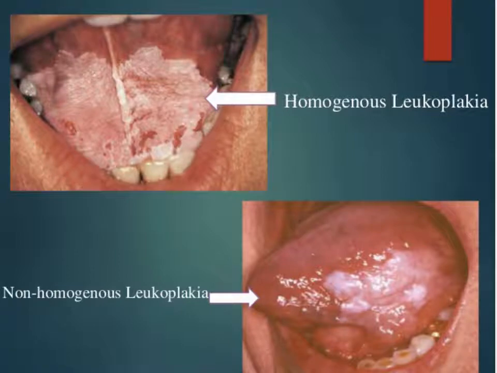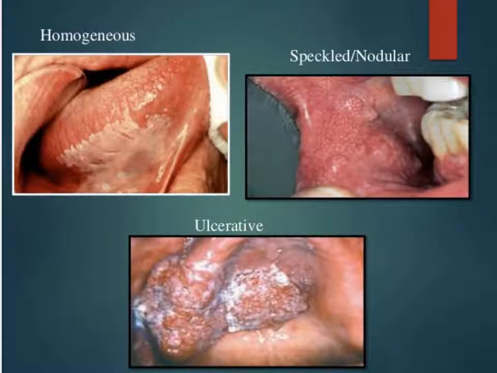It has different types: homogeneous leukoplakia and non-homogeneous leukoplakia, which has irregularities. This is the homogeneous type, and the nodular type, where we see an increase in irregularities, and the ulcerative type.